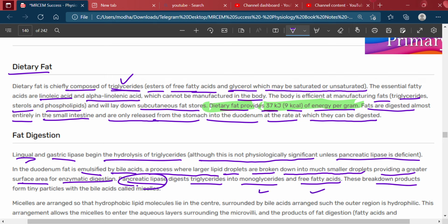These breakdown products form tiny particles with the bile acids called micelles.